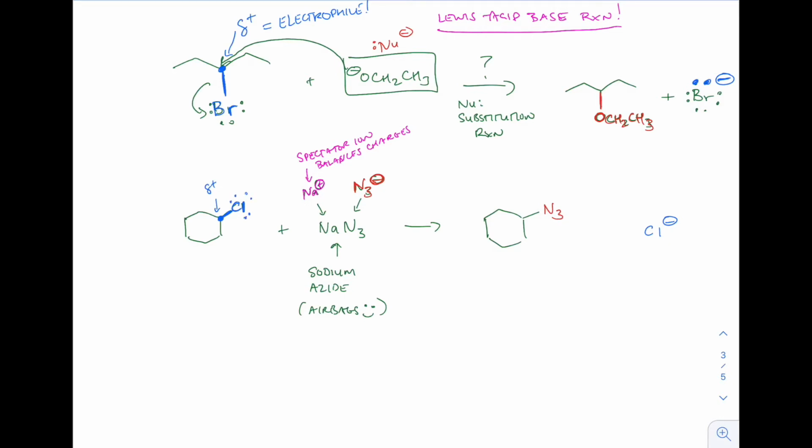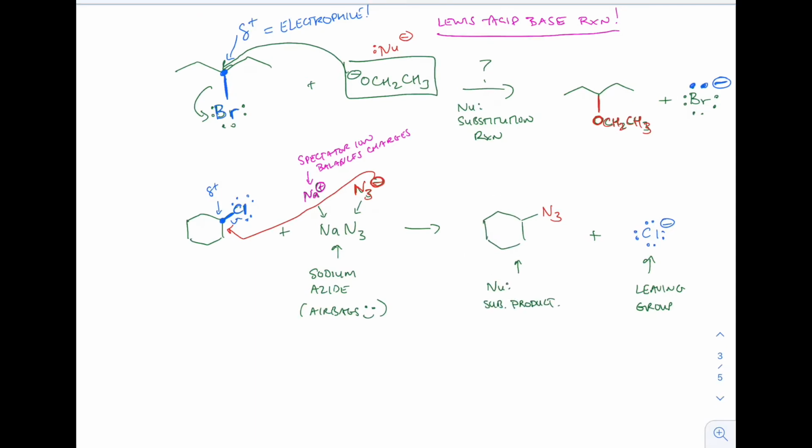Now that chlorine is the leaving group, okay? It left, and that's pretty much it. So just to draw the arrows to show you how the flow of electrons works. You got the red arrow going to attack that carbon, and then the bond between the carbon and the chlorine goes to the chlorine only.